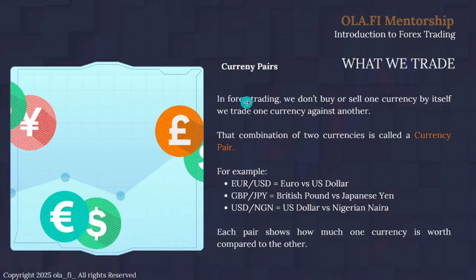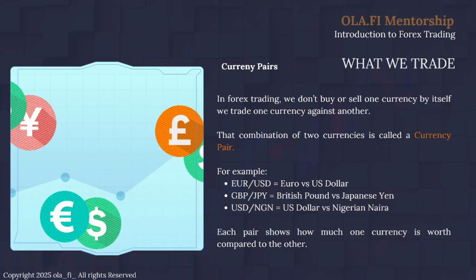So we have currency pairs. When you bring two things together, you have a pair: a pair of shoes, a pair of bracelets, a pair of watches. Anything that is two things coming together is a pair. So we also have currency pairs, because when we trade, the moment you do a buying, there's simultaneously a selling.